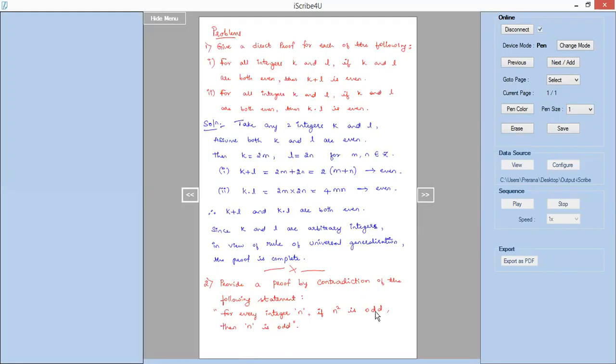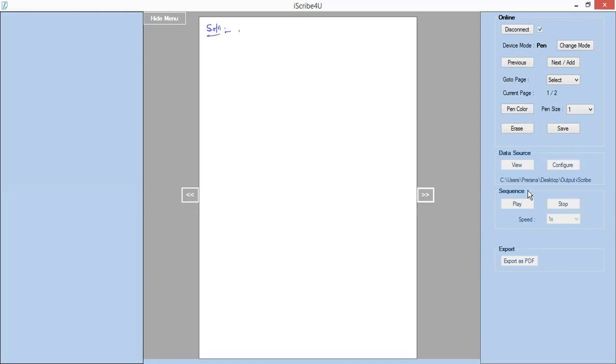If P, then Q form. So that is the conditional we have here, no? So let us assume P such that n square is odd, and let us assume Q such that n is odd. So the given statement is of the form P conditional Q.